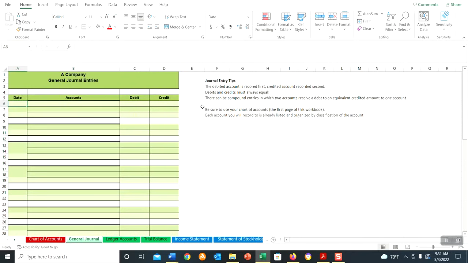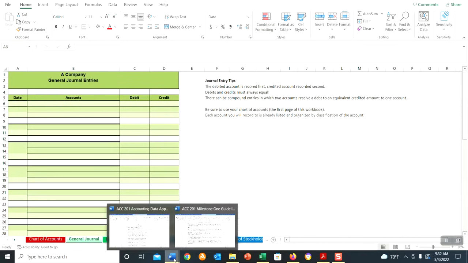Your debits and credits for each transaction will always be in balance. You'll notice too, and this will actually be one of our first examples, that there can be compound entries in which 2 accounts receive a debit to 1 equivalent credit, or vice versa. A reminder to be sure to use your chart of accounts to identify specific accounts affected. Each account you record is already listed and organized by the classification of the account.